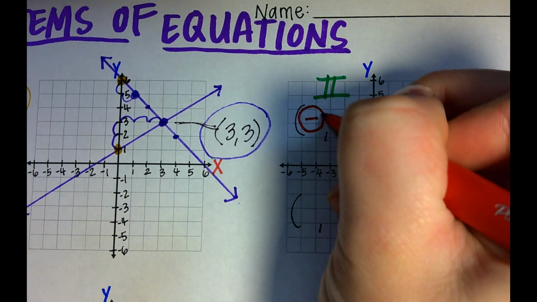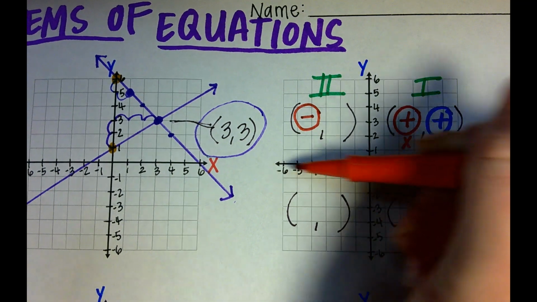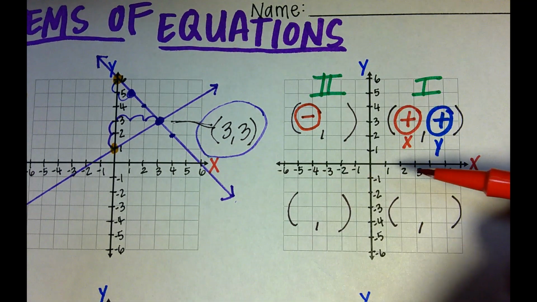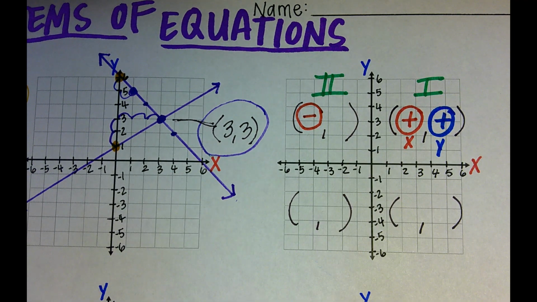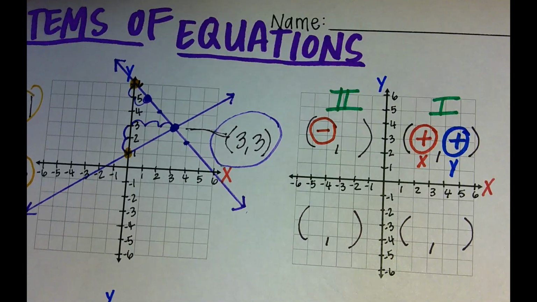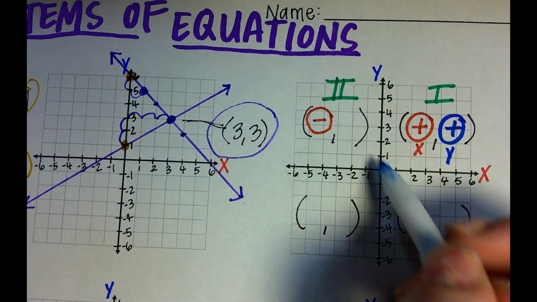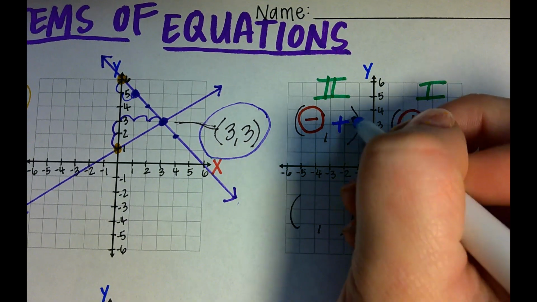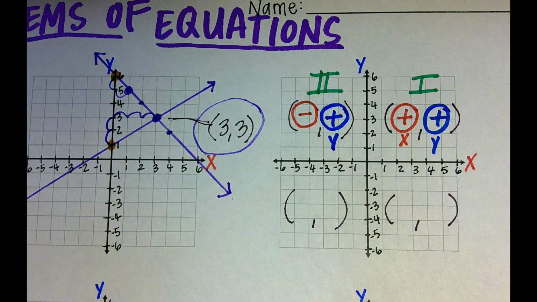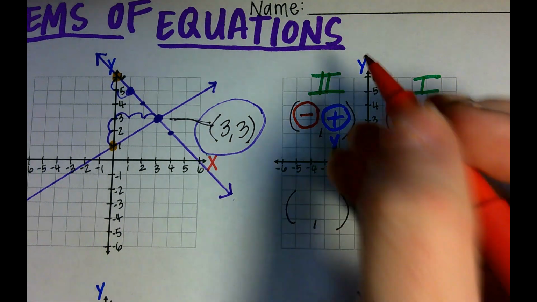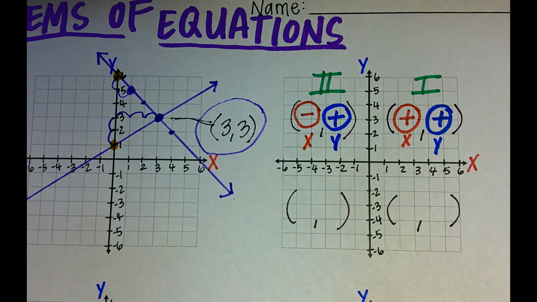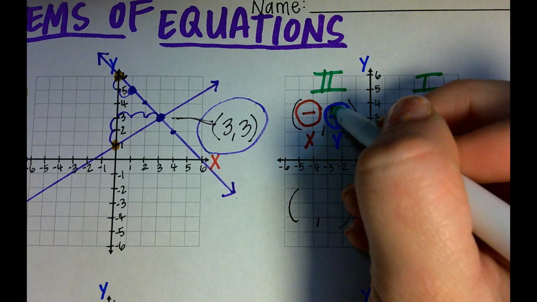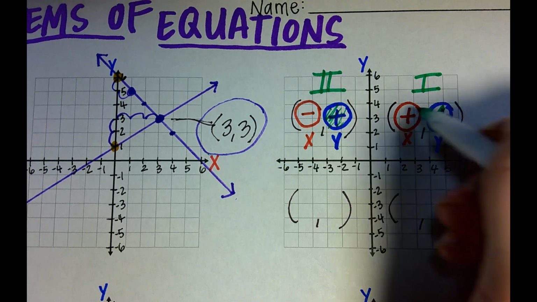Our x is negative over here because this is to the left of 0 on the x-axis. And our y value is still positive because it's still above 0 on the y-axis. I wonder if it would help to put some green for positives.